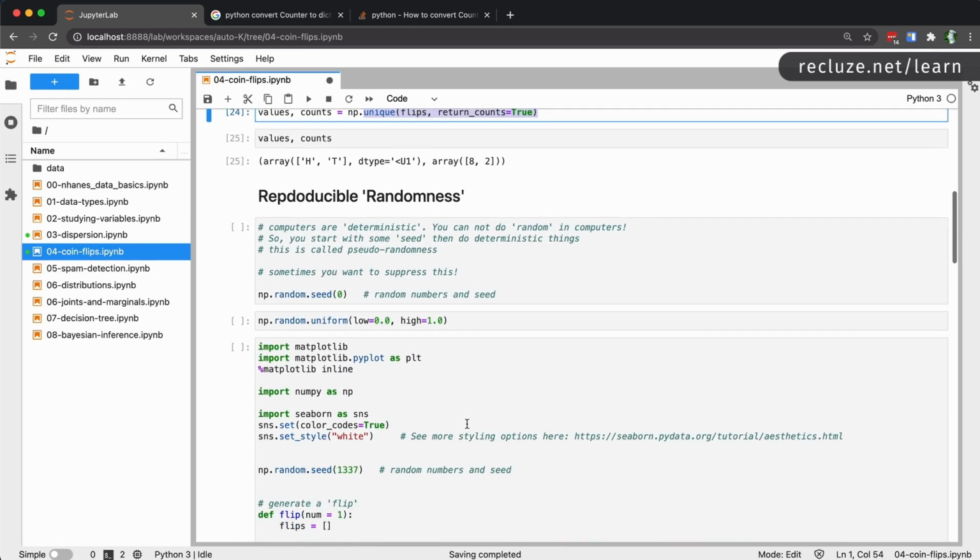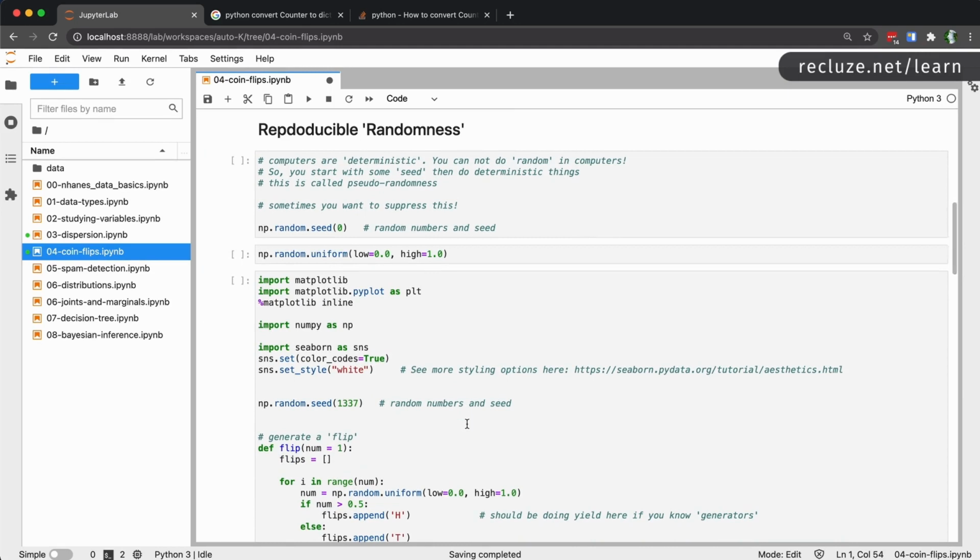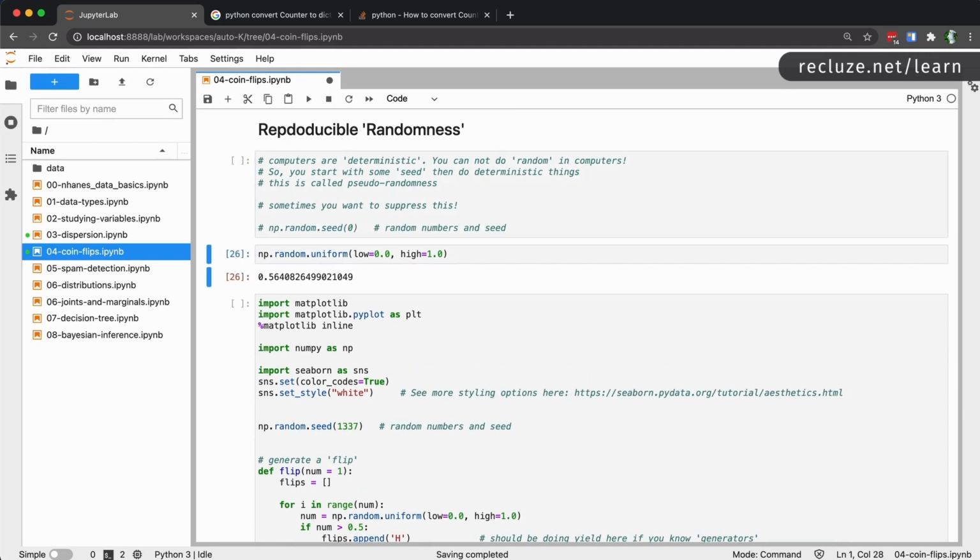Now let's take a look at a very specific problem. Let's first get rid of this. I'm going to run this, and it gives me some number. If I run it again, it gives me another number, and so on. The problem with this is, if I run an experiment which has randomness in it, which is what we want, because it's probability, chance, we need randomness, but at the end of our experiment something goes wrong, we have to reproduce that.